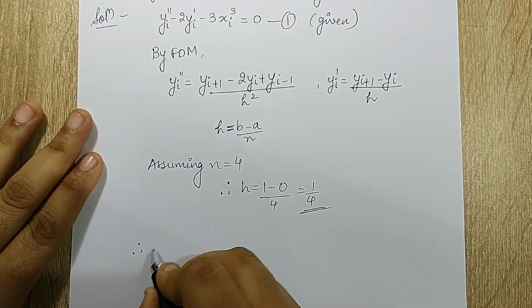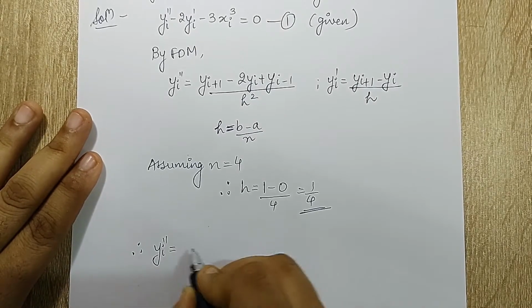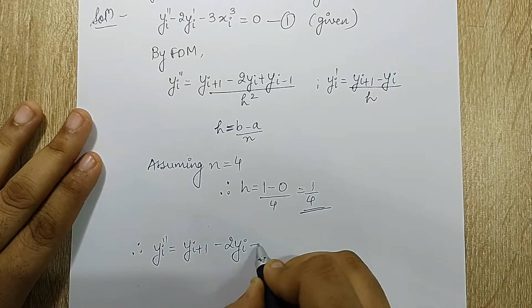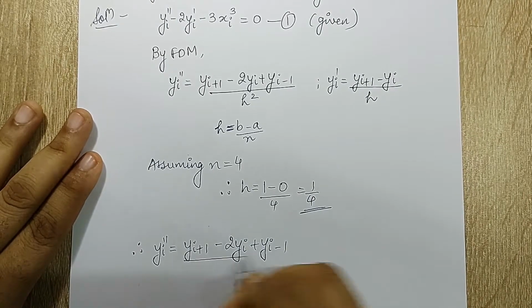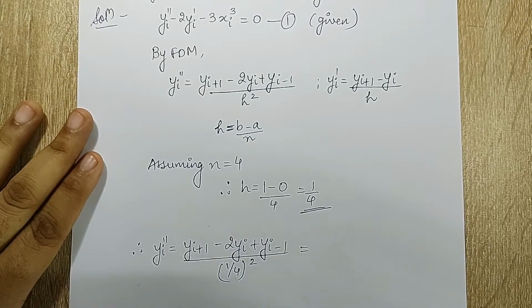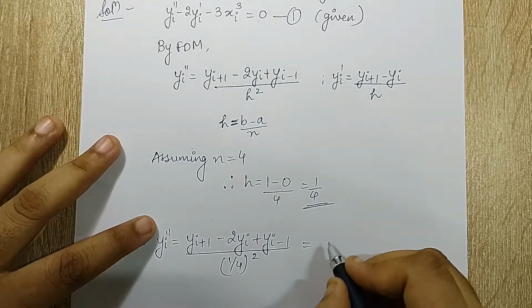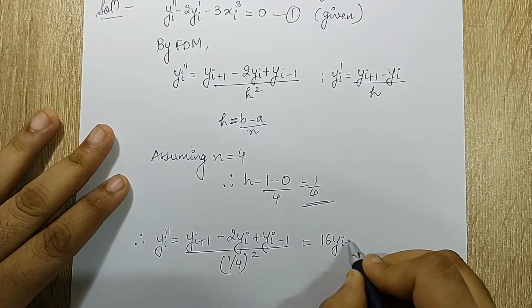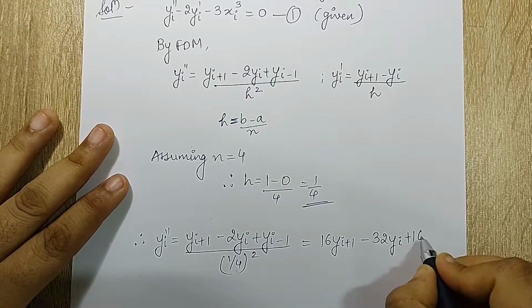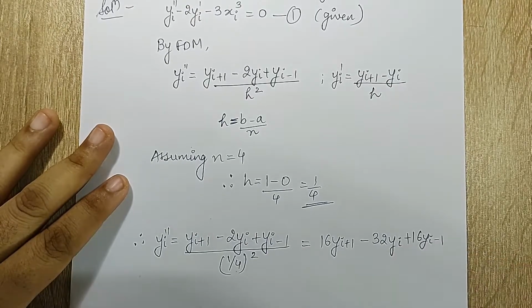So therefore yi double dash will be yi plus 1 minus twice yi plus yi minus 1 upon 1 by 4 whole square. This is 1 by 16. 16 going to the numerator makes it 16 yi plus 1 minus 32 yi plus 16 yi minus 1.